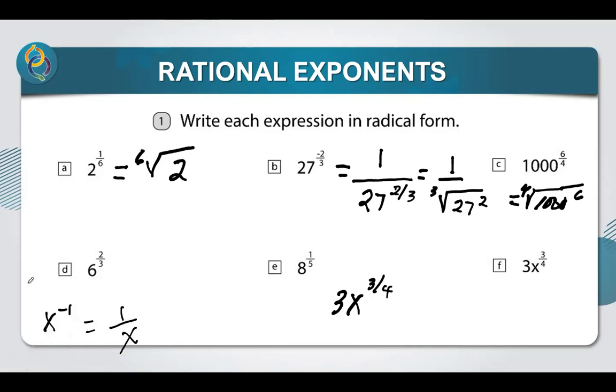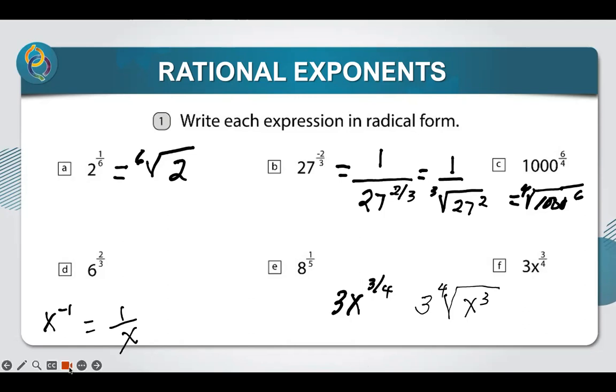It's going to be 3 into bracket, and then the fourth root of x cubed. Please don't just immediately put it all together. The 3 is outside there because that's not part of the one with a rational exponent. So it will now be 3, the fourth root of x cubed.